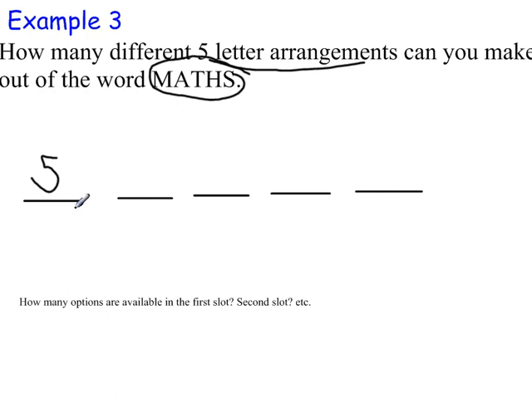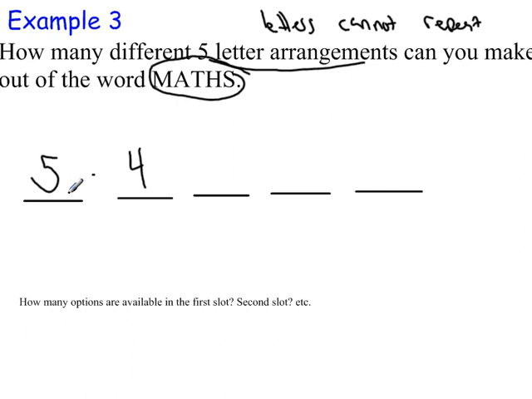After I choose one letter, I'm going to have 4 letters available. The letters cannot repeat. Assume that the letters cannot repeat. Let me just write that there. So the letters cannot repeat for this example.